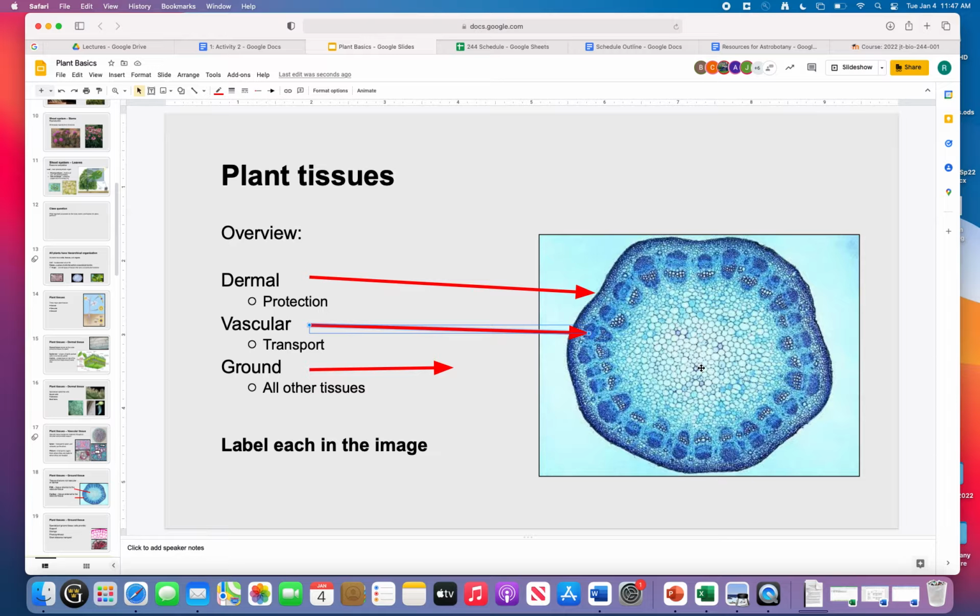Is it the stuff around those rings and bundles? Yeah, exterior to the vascular tissue. So we have the pith, and then outside of our vascular tissue, we have the cortex. For the sake of not confusing that with the dermal tissue arrow, I'm just going to place it in the middle, in the pith. Any questions about our plant tissues?